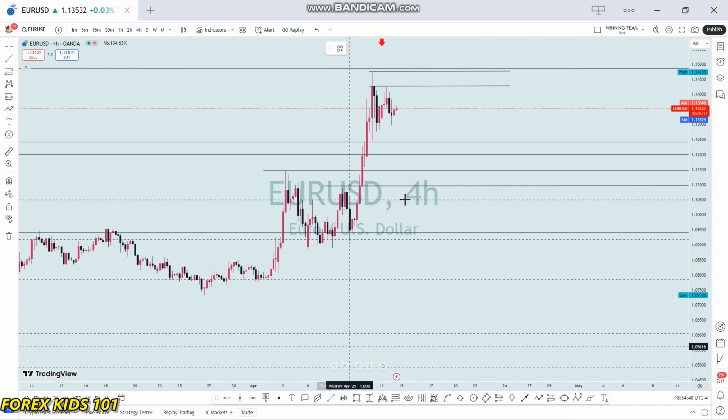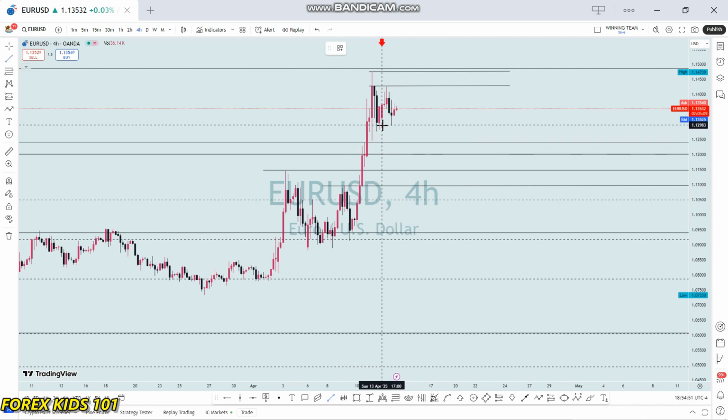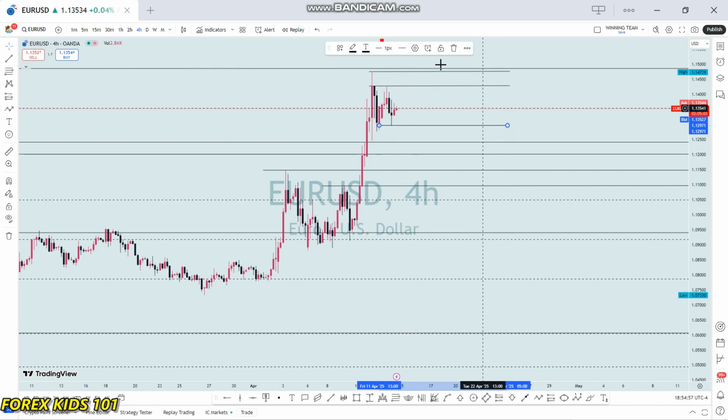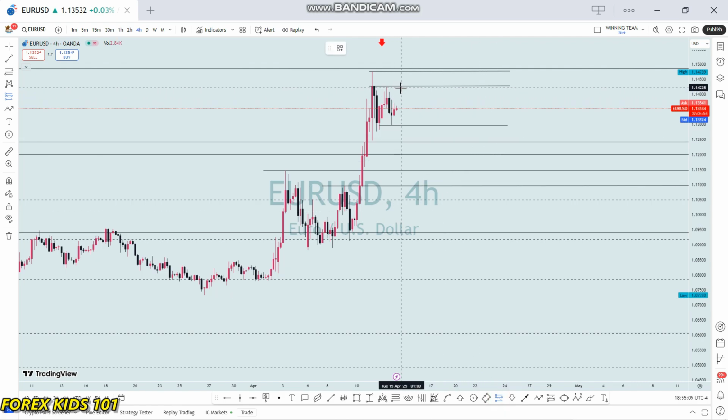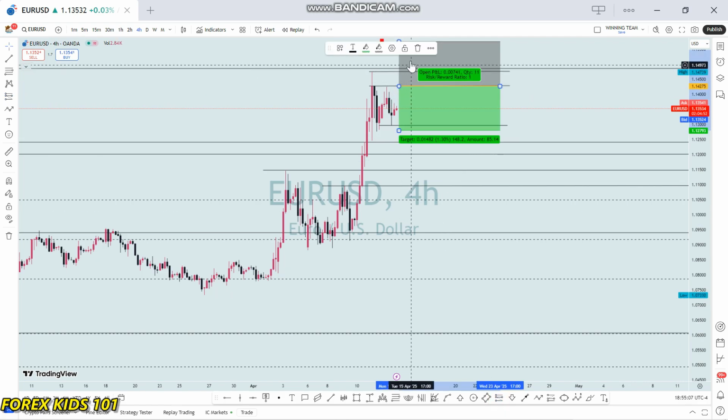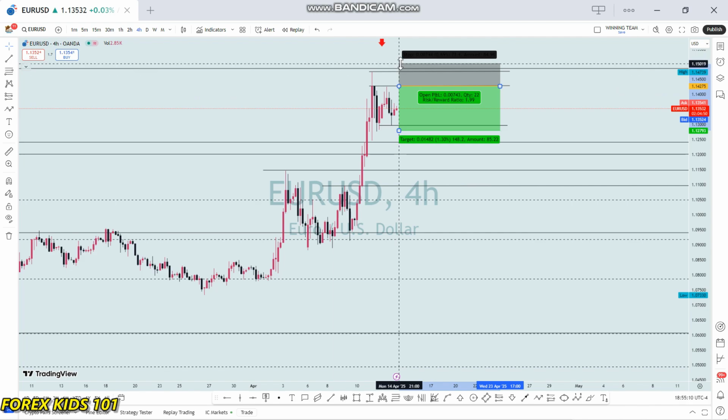So I'm gonna be looking for sales on EURUSD, guys, and the moment we break this line here, it's also gonna confirm that we're heading for one of these zones. I'm looking for sales when the market taps close to this area up here. I will have my stop loss right above there.